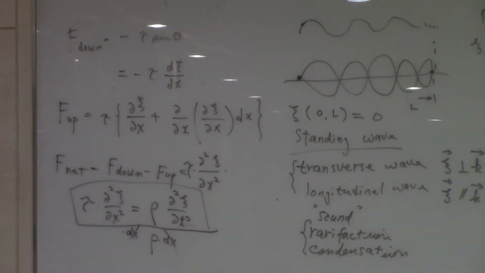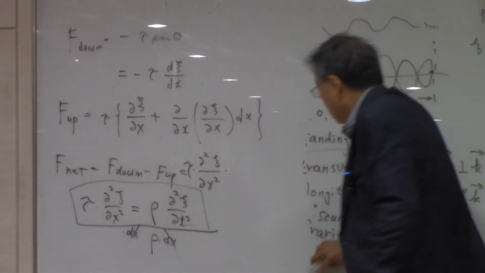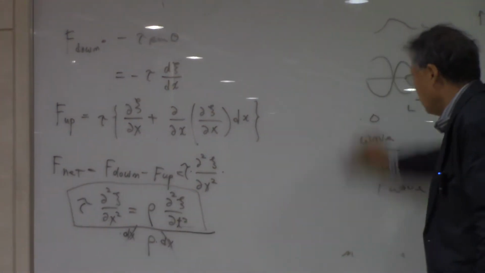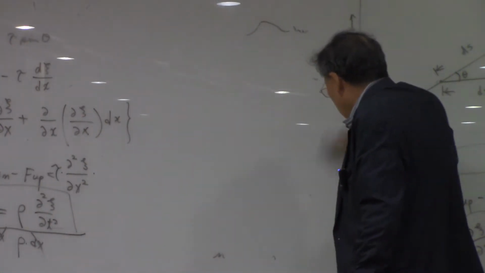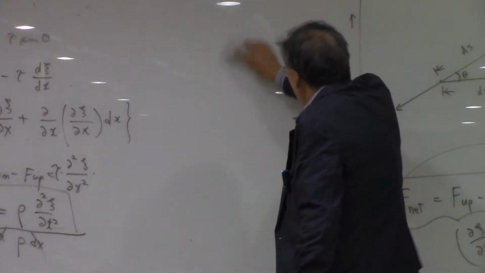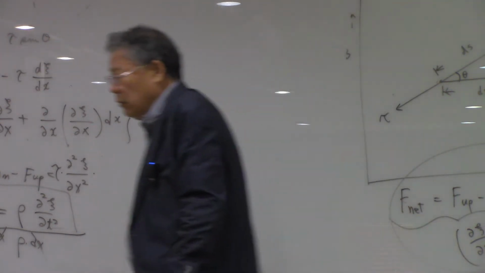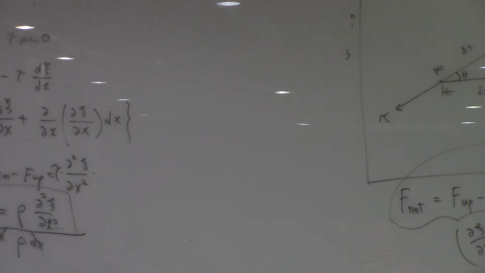That is the wave equation. Second order wave equations. And we know the general solution of this, and all we have to do is put some boundary conditions to have a specific answer.